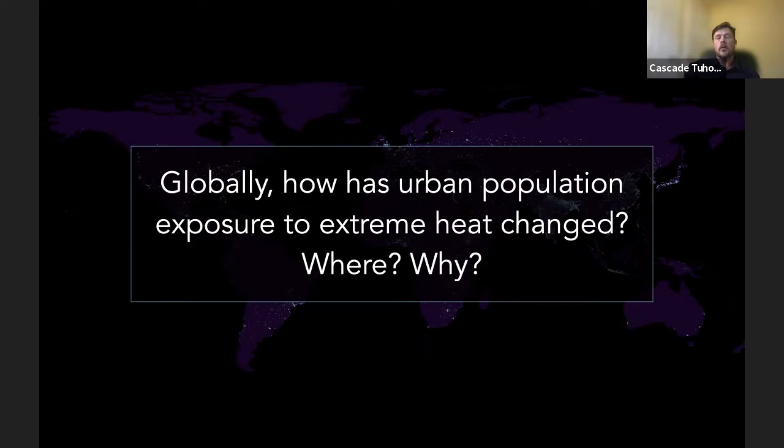We don't understand where the signal from total urban warming, because there's also a contribution from what we're calling the twin forcing agents of climate change and the urban heat island effect, is intersecting with population growth, and where it's not. And I think that has some pretty strong implications for how we divert or use limited resources to adapt to extreme heat in urban settlements across the planet.